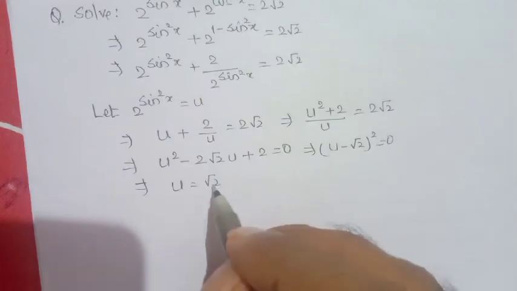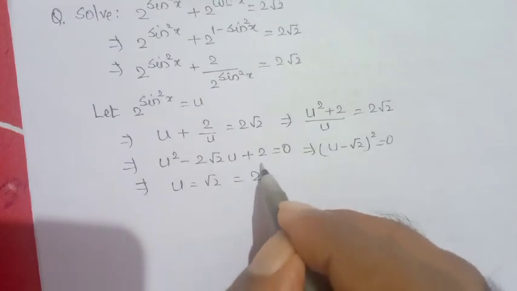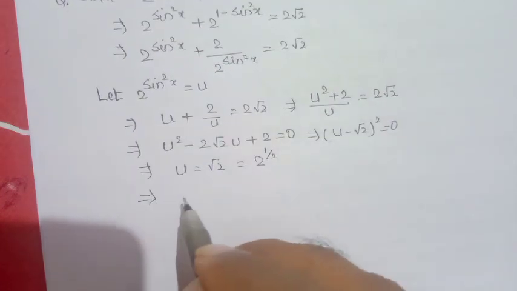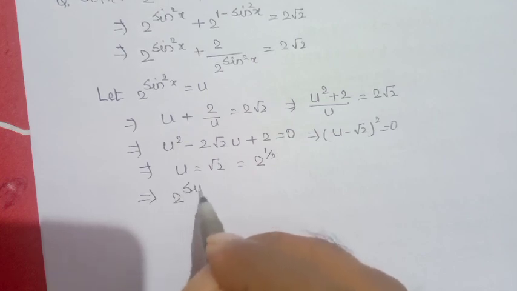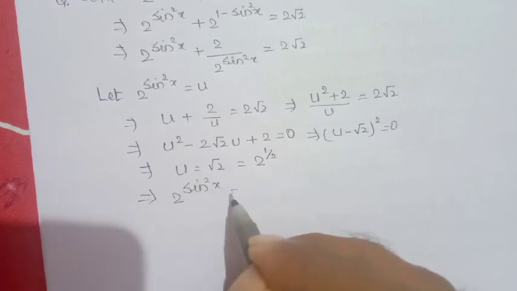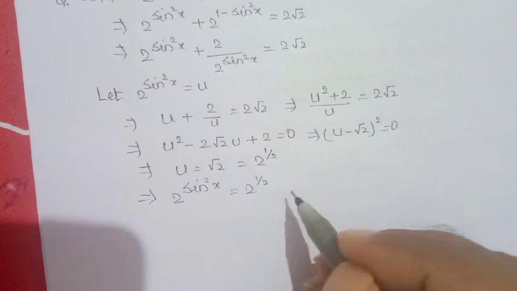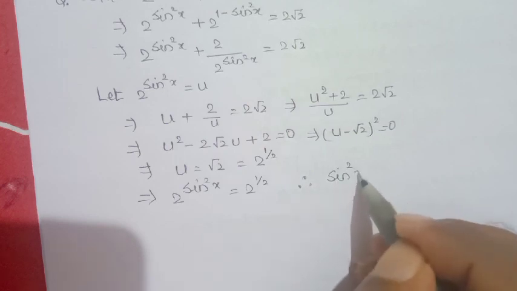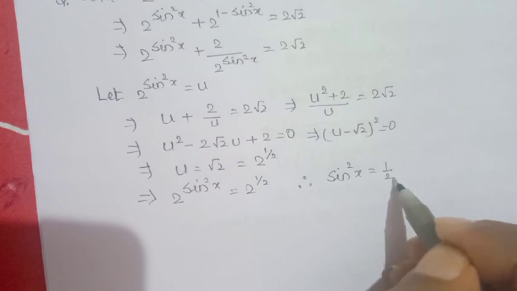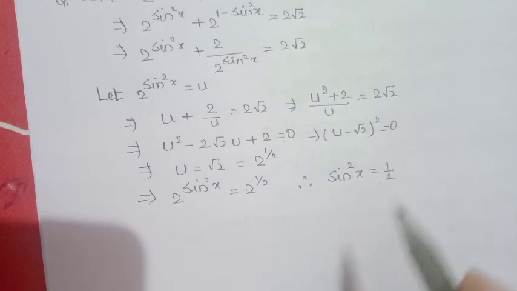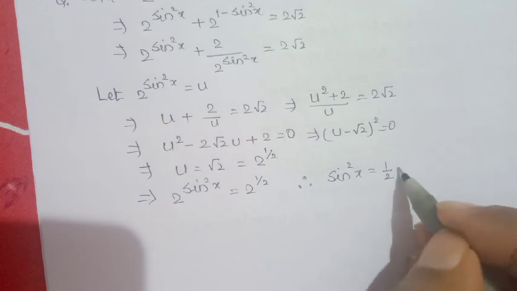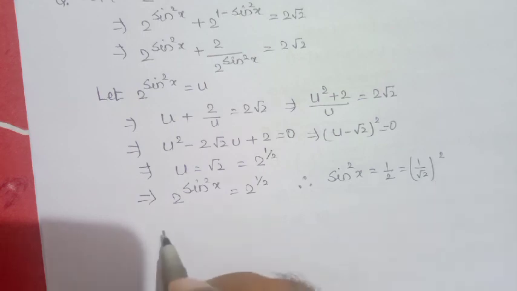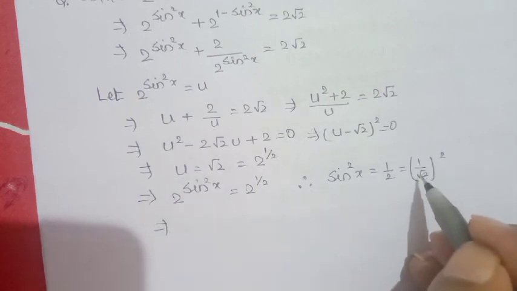Now write down the value of u. Root 2 here should be written as 2 to the power 1 by 2. Our u is 2 to the power sine square x, that is 2 to the power 1 by 2. Comparing their powers, sine square x is equal to 1 by 2, or 1 by 2 means the square of 1 by root 2. 1 by root 2 is sine pi by 4.